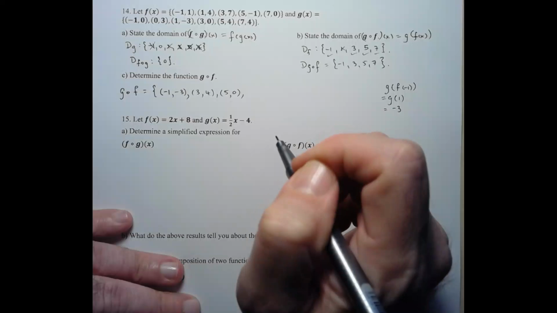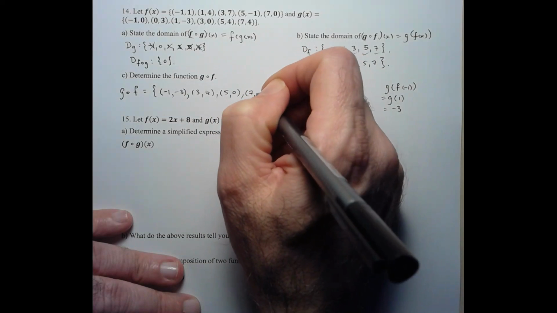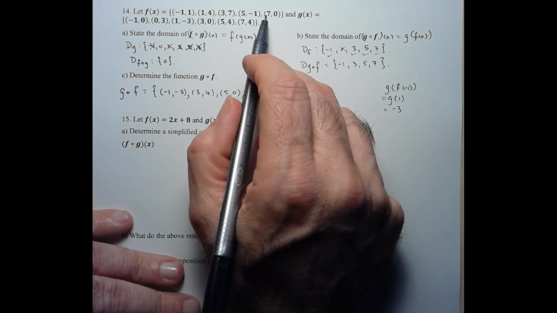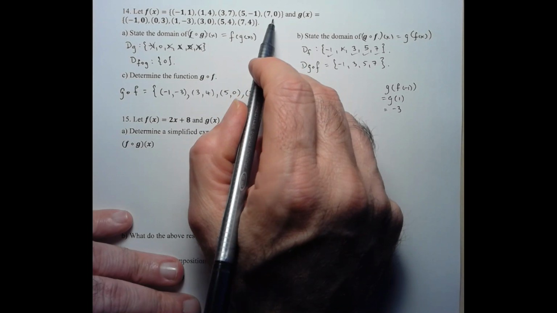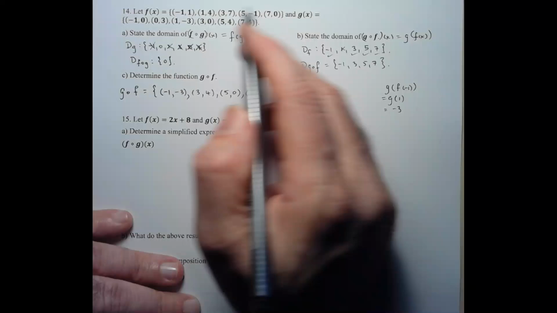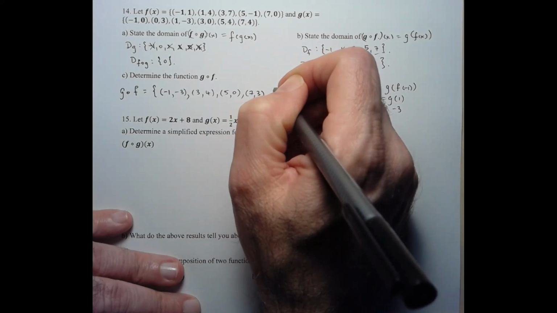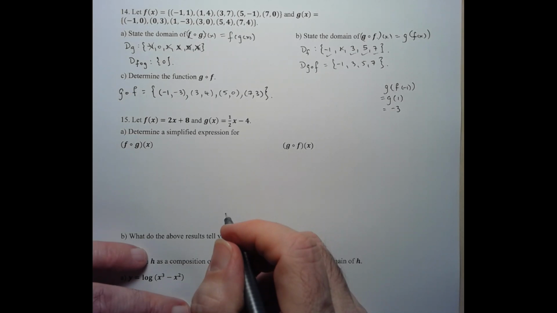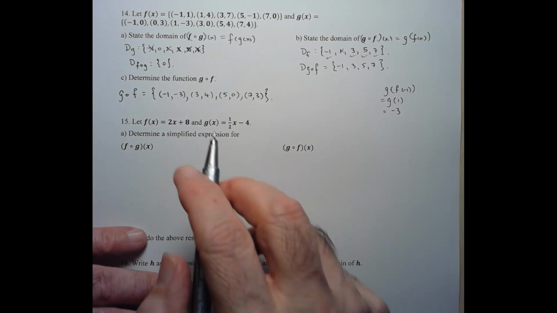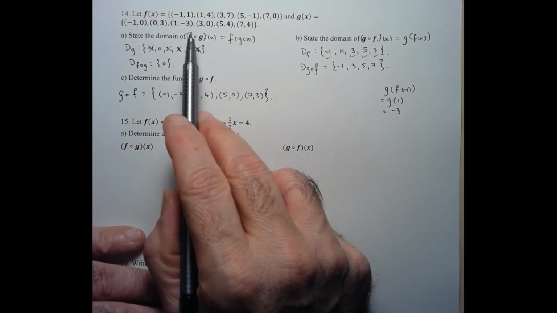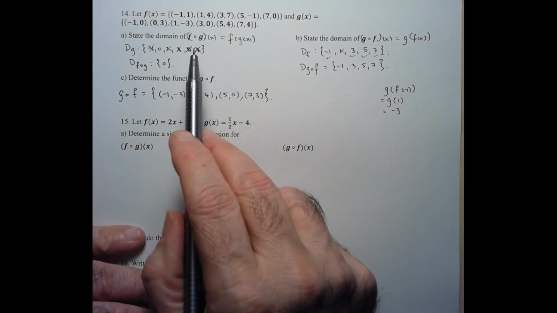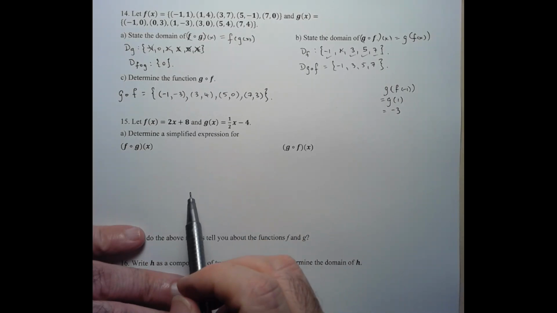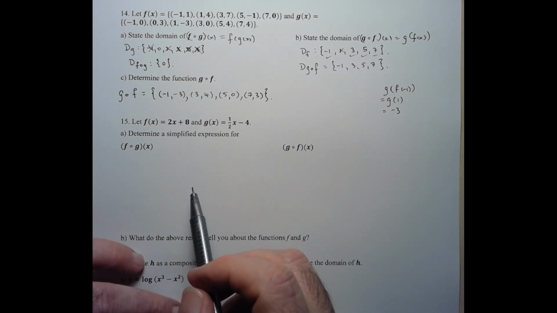Now the last one is 7. f at 7 is equal to 0, and then I input that into g. g at 0 is equal to 3. And there you go, there's my function. It's about understanding this two-step process to figure out what the possible domain values are and then determining the actual points in my function.